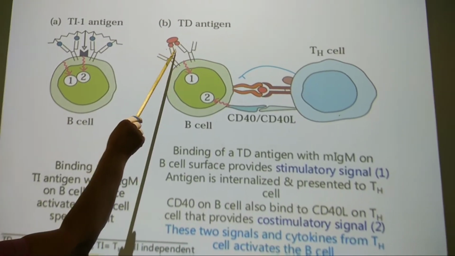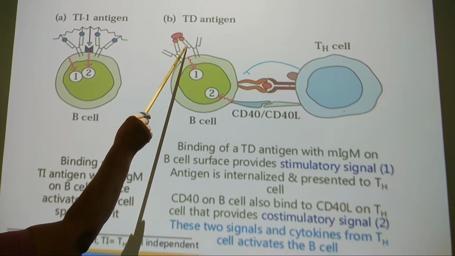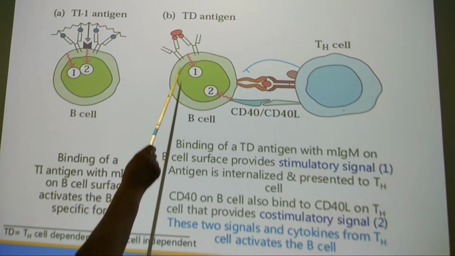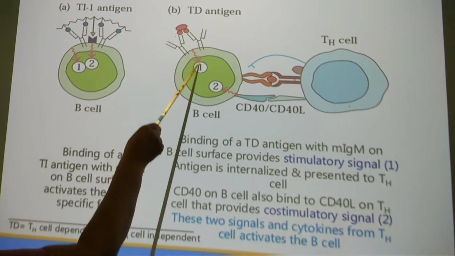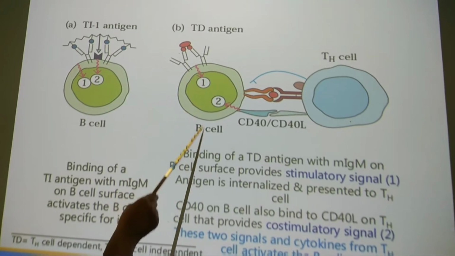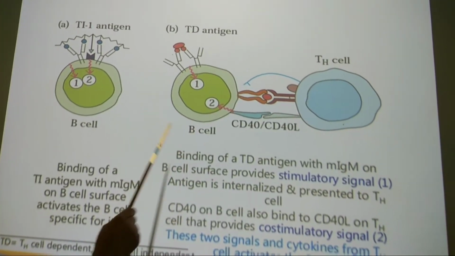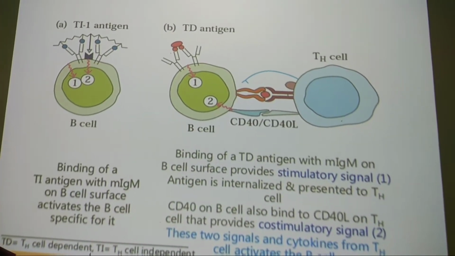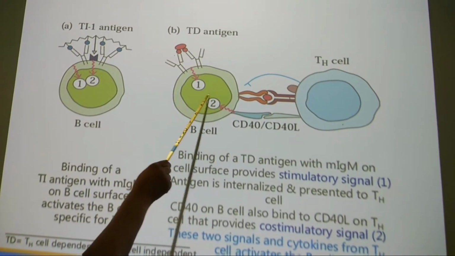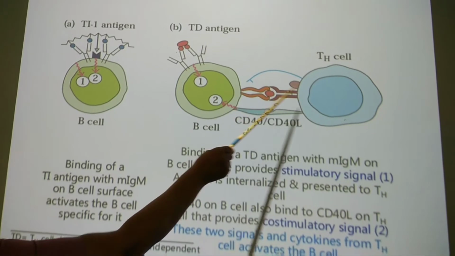Once this antibody or the receptor binds to the antigen, the antigen enters by endocytosis. Then since B cell is also one of the professional antigen processing and presenting cells, the antigen that has entered will be processed and presented to the T cell.